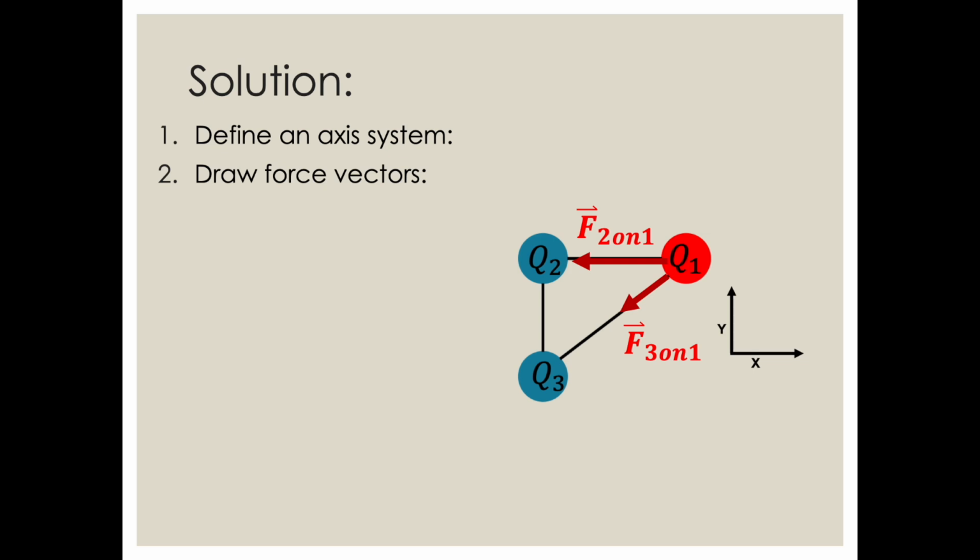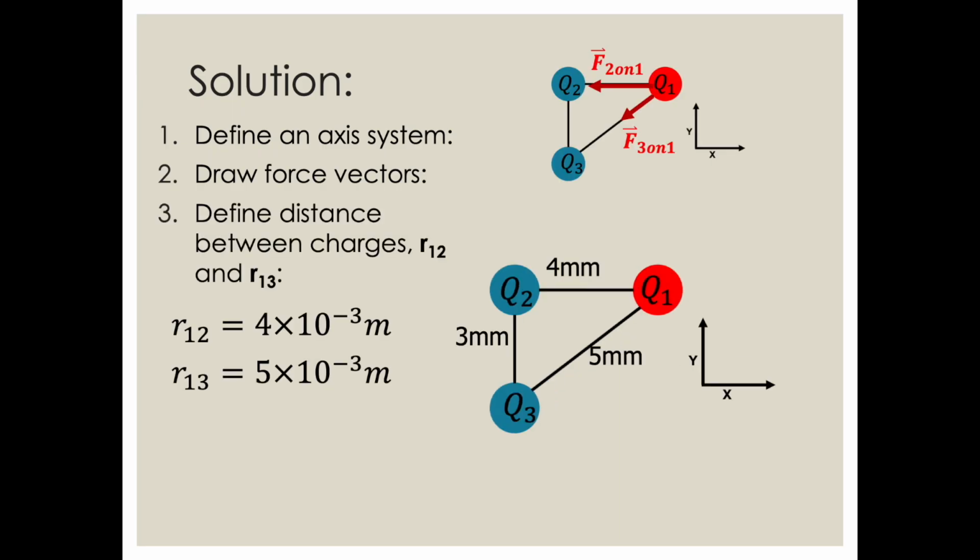So here we see that Q2 and Q3 attract Q1. Step 3, we define the distance between the charges. As we can see, the distance between Q1 and Q2 is 4 millimeters, and the distance between Q1 and Q3 is 5 millimeters. So those are our r values.